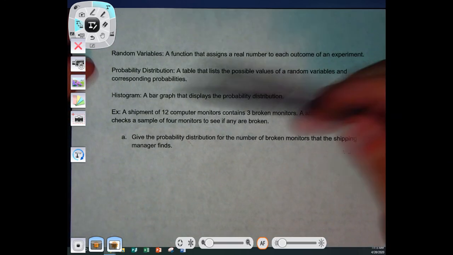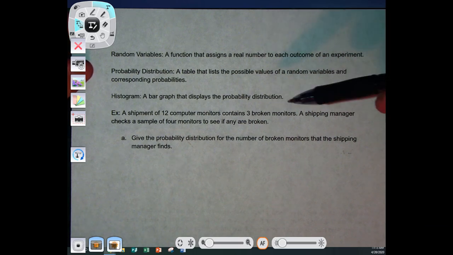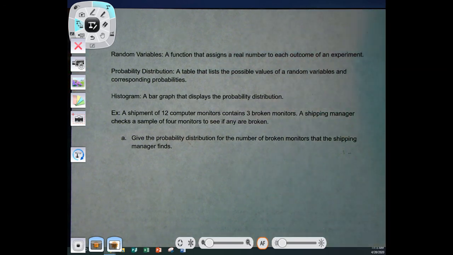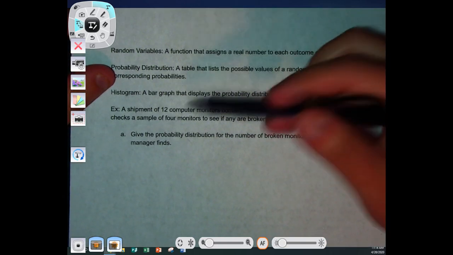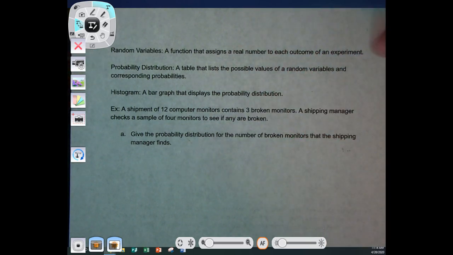So, for example, you're given that a shipment of 12 computer monitors contains 3 broken monitors. A shipping manager checks a sample of 4 monitors to see if they are broken. Here, they want us to give the probability distribution for the number of broken monitors that the shipping manager finds.